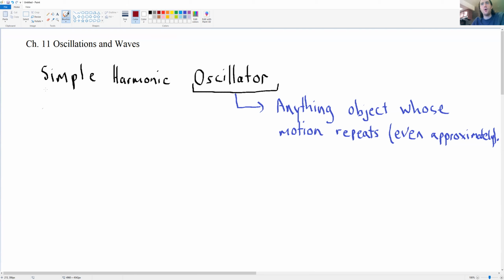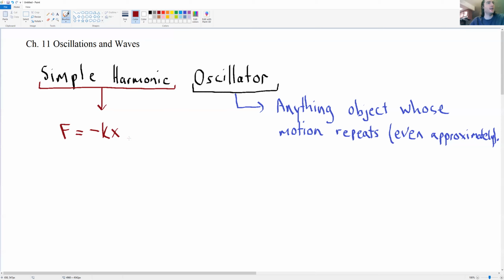And then this part right here, the simple harmonic oscillator part. Now, the simple harmonic oscillator moves in a very specific way. In fact, a simple harmonic oscillator has a restoring force which is equal to minus kx. And this is, of course, Hooke's law that we've seen already.